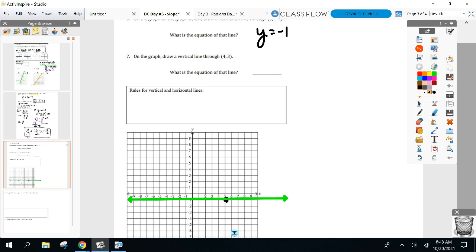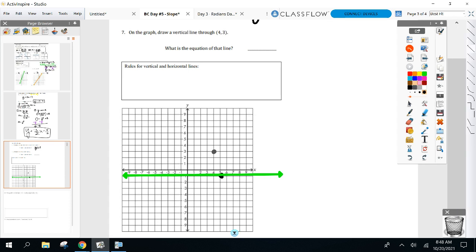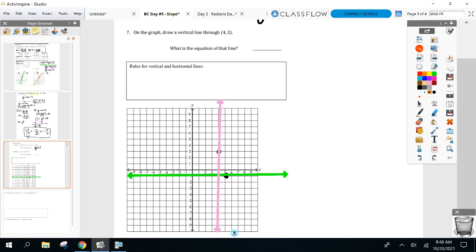Let's do a vertical line now and see if we can come up with a pattern to write down. Draw a vertical line through 4, 3 for me. Remember, there's no slope for a vertical line.